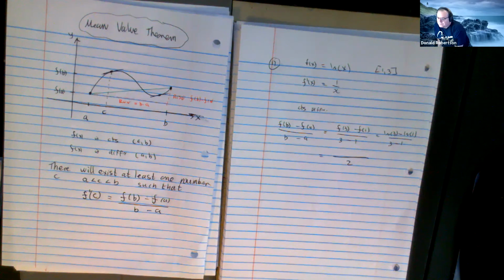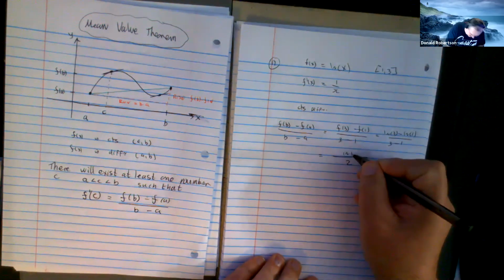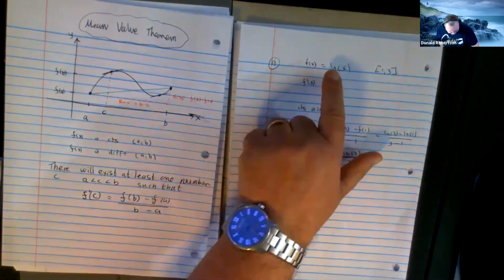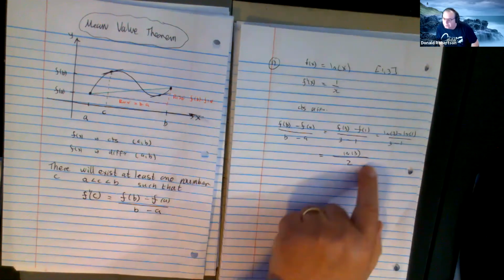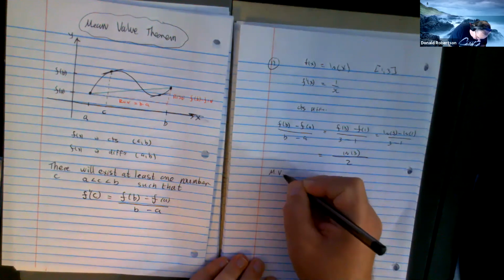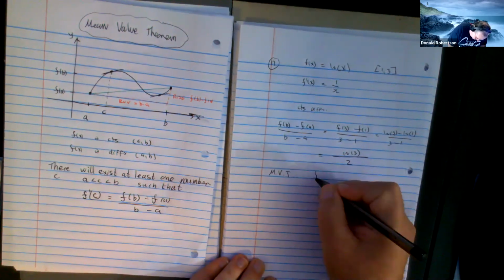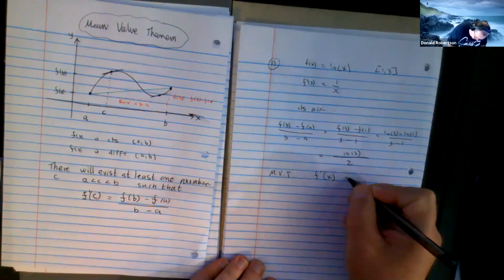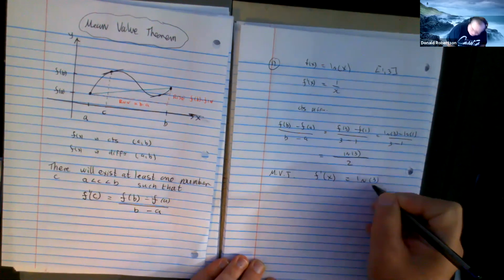What's the number? 0. Yeah. So the average slope of this function between 1 and 3 is this guy. So according to the mean value theorem, there is guaranteed to be at least one place where the derivative is equal to that guy, right?